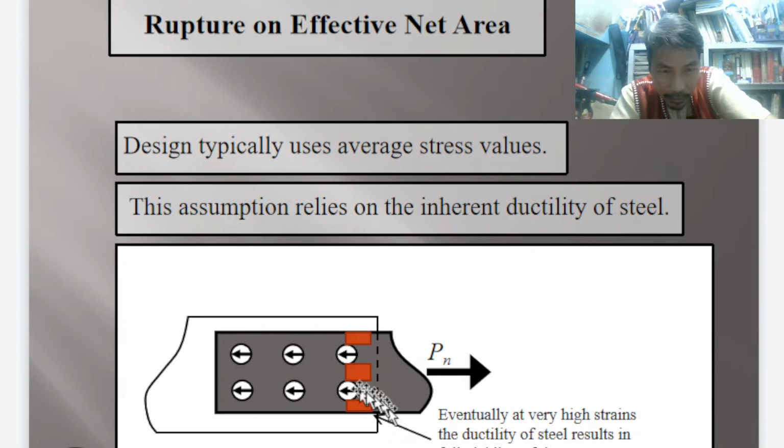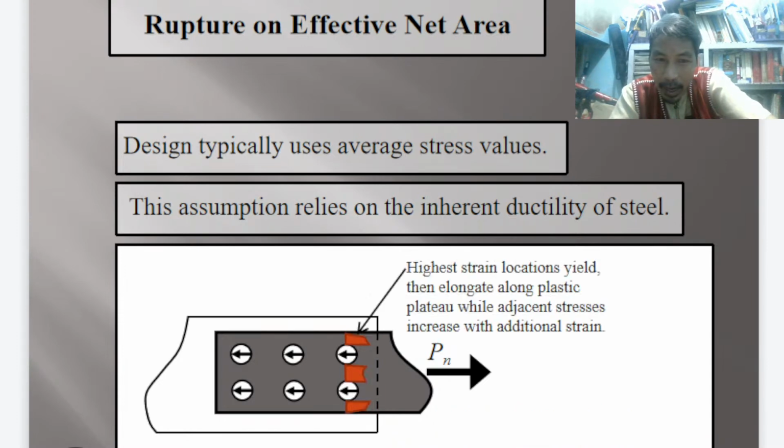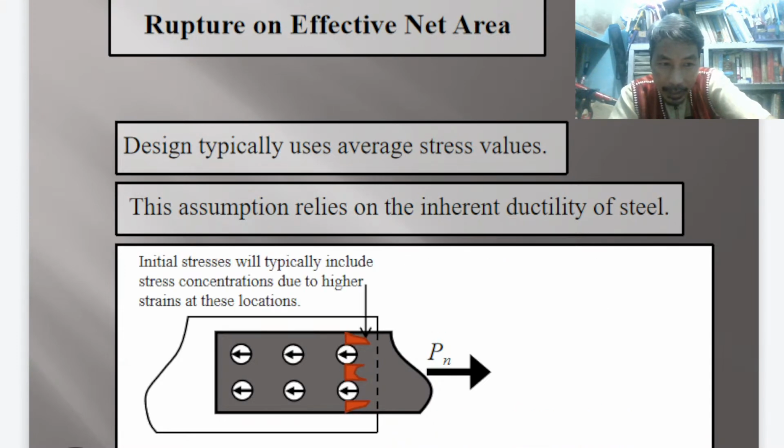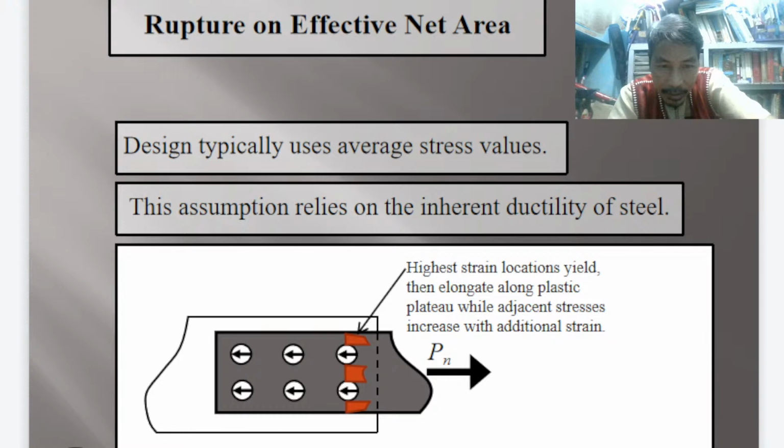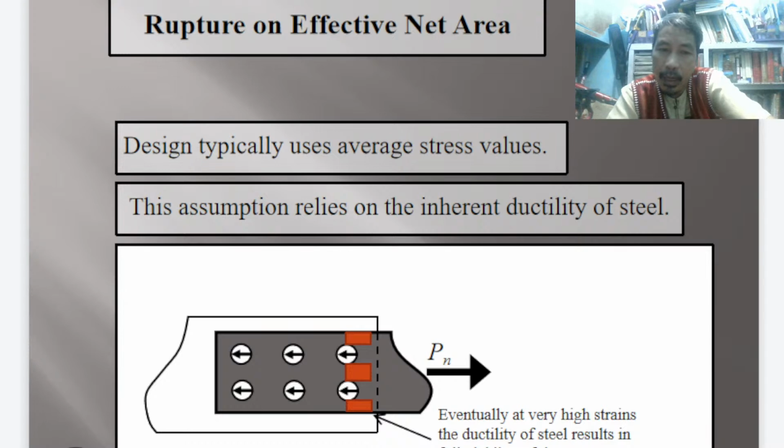In full yielding, you can now see the same stresses, while if you look at the initial and intermediate, there is no equal amount of stress being felt by the member. Here, now, we have an equal amount of stresses.